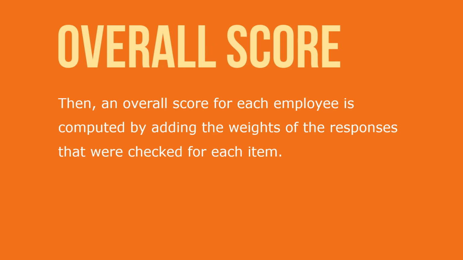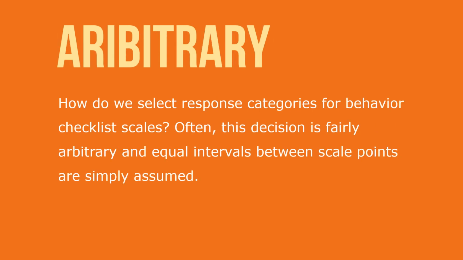Each response category is weighted, for example, from 1 (never) to 5 (always), if the statement describes desirable behavior, such as arriving to work on time. Then, the overall score for each employee is computed by adding the weights of the responses that were checked for each item. How do we select response categories for behavior checklist scales?